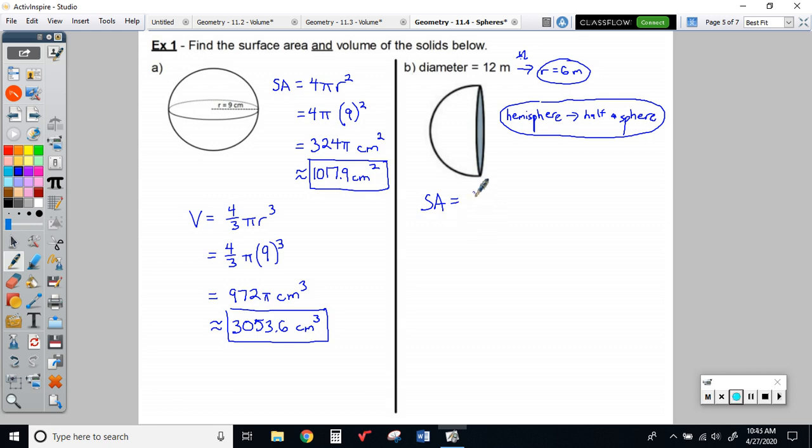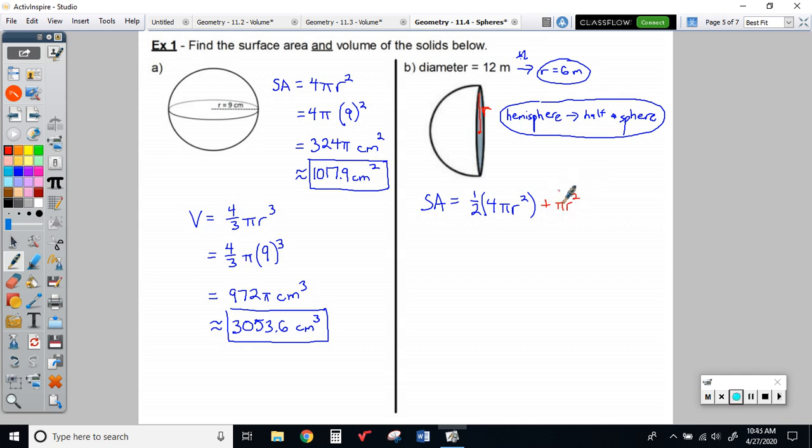So we would be doing 1/2 of what it normally is, 1/2 of 4 pi r squared. That would be this outer part here, but now we have this part showing, and that part from here to here would be a radius. So that would be pi r squared for that extra part that just got exposed. So we have that plus an extra pi r squared now.